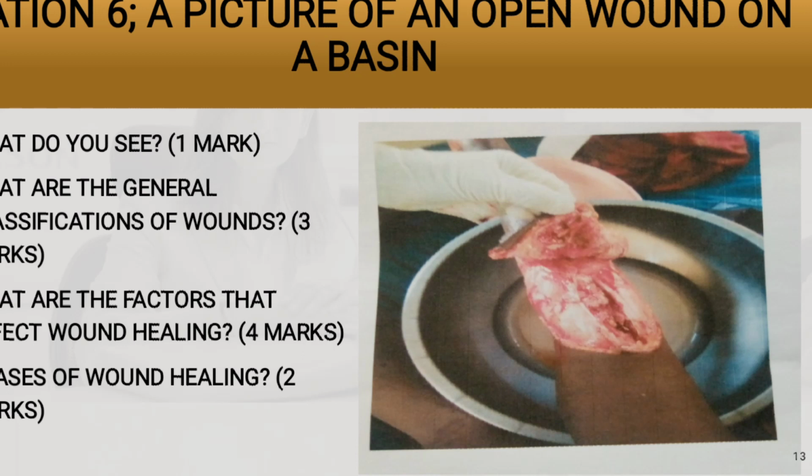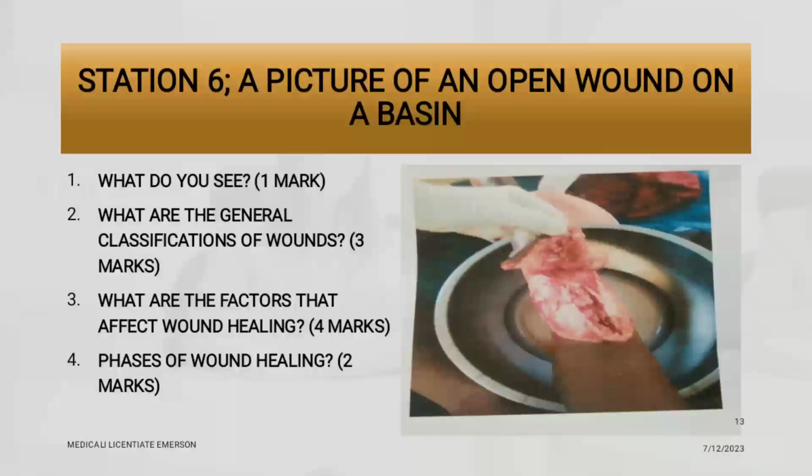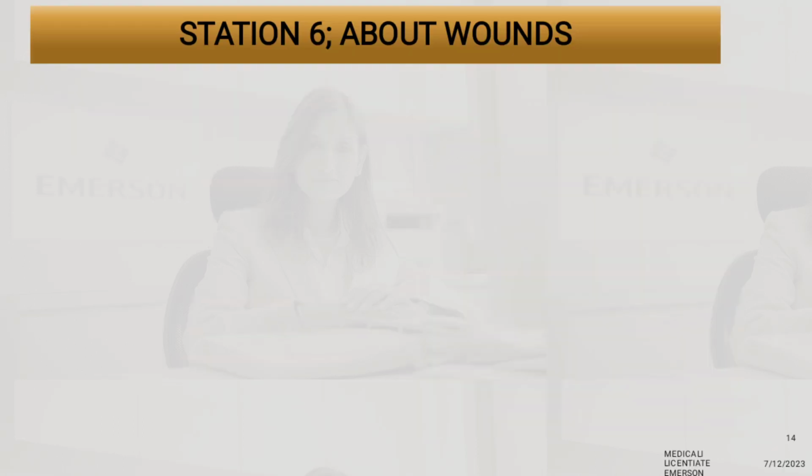But we are not limited to describing just one thing, though don't say there's a dish. Maybe say an open wound on a basin. At least it makes sense because the first thing we have to see is the wound.